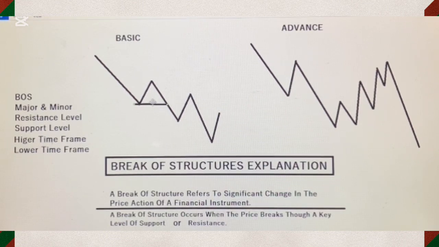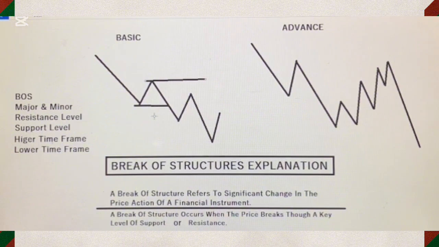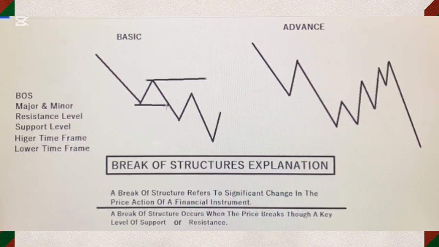So once we have a break of structure right here, our eye is right there. When the market breaks this structure, when the price breaks through a key level of support like this, it means the market is on a downtrend, which is bearish.